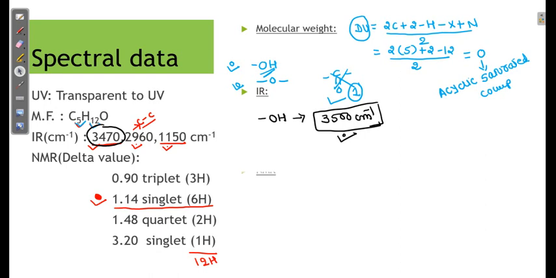Now let us go ahead and see this NMR. From this NMR, this is very interesting for me.